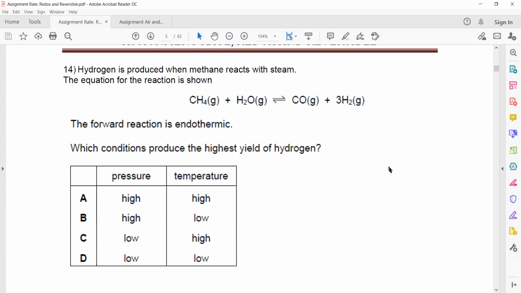What could be the answer for question 14? The forward reaction is endothermic.